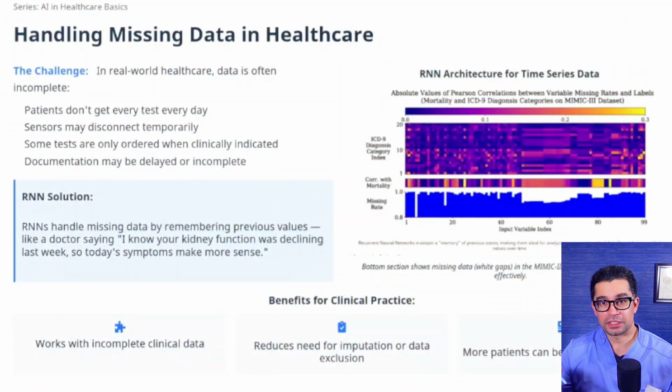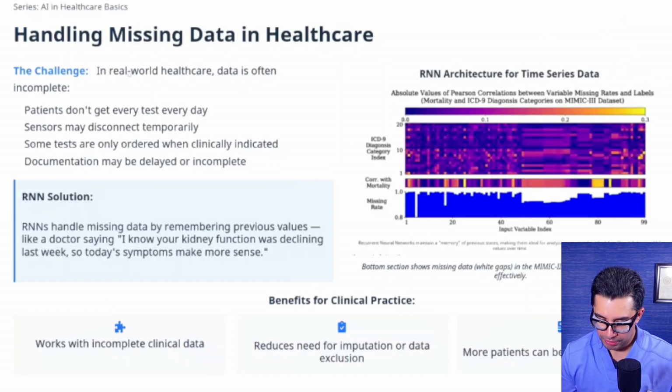This helps predict specific outcomes in different patients, different clinical scenarios, different diseases. This can be very helpful. This demonstrates that RNNs can handle the complexity of various types of medical data and also overcome any gaps or incomplete information from the medical data, from the EMR.